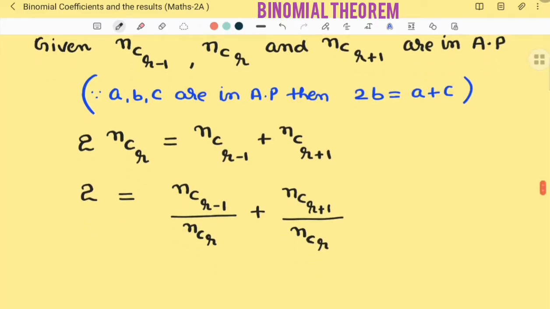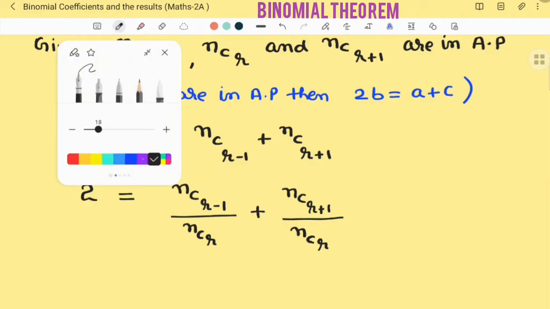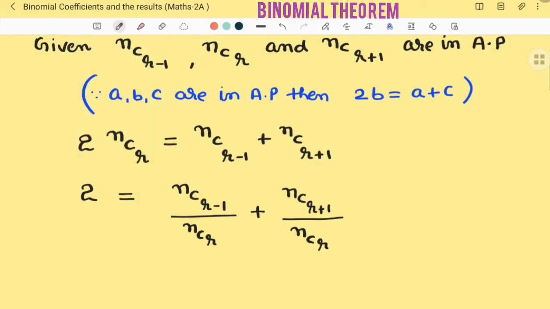We have standard results which we discussed in earlier classes. Once again, I will revise those values. Here I am writing. We know that nC(r minus 1) divided by nCr is equal to, how to write it easily? In nC(r minus 1), r is bigger compared with r minus 1, so in the numerator you write r, divided by n minus r plus 1. n minus (r minus 1) plus 1.